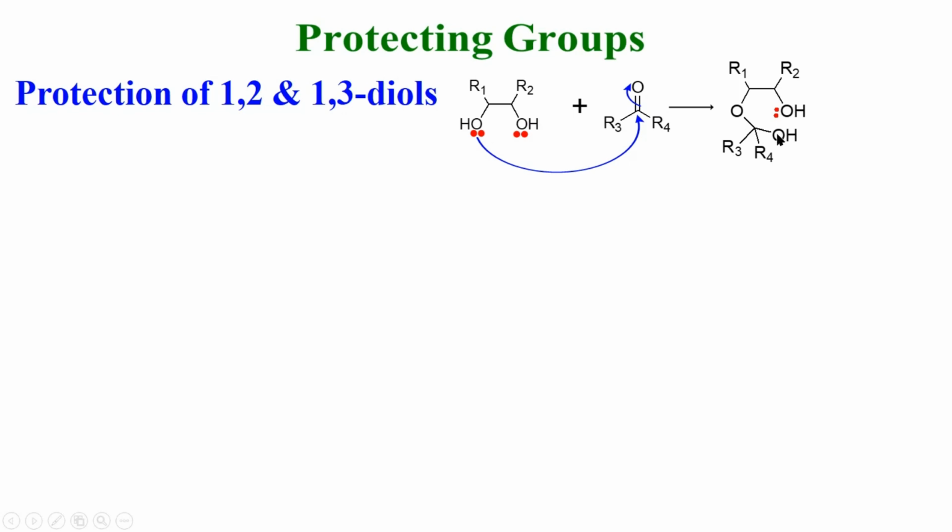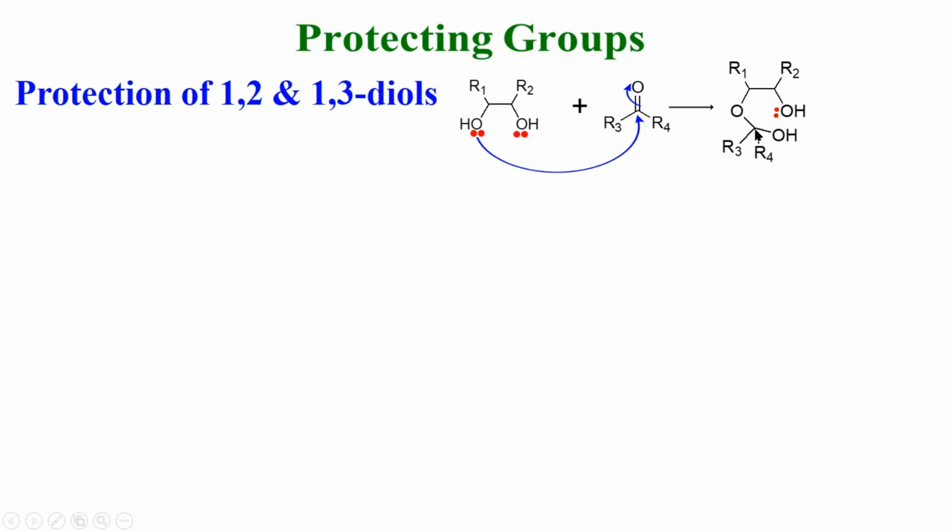In the presence of acid, the OH becomes protonated over here and makes this carbon more positive. This electrons moves towards oxygen to satisfy the positive center.